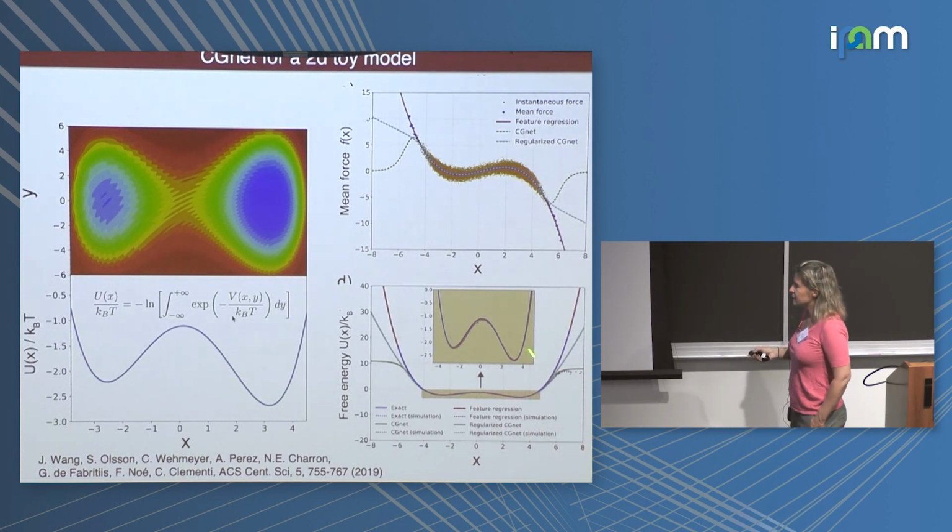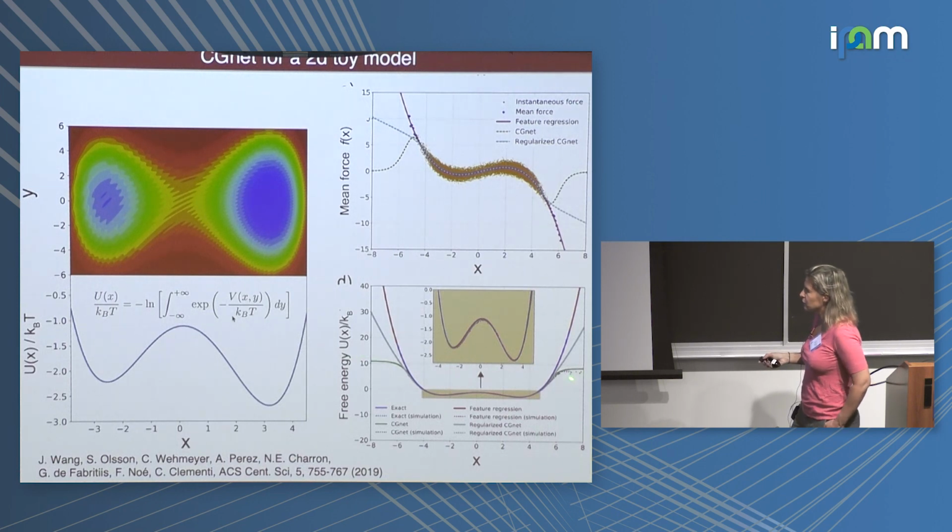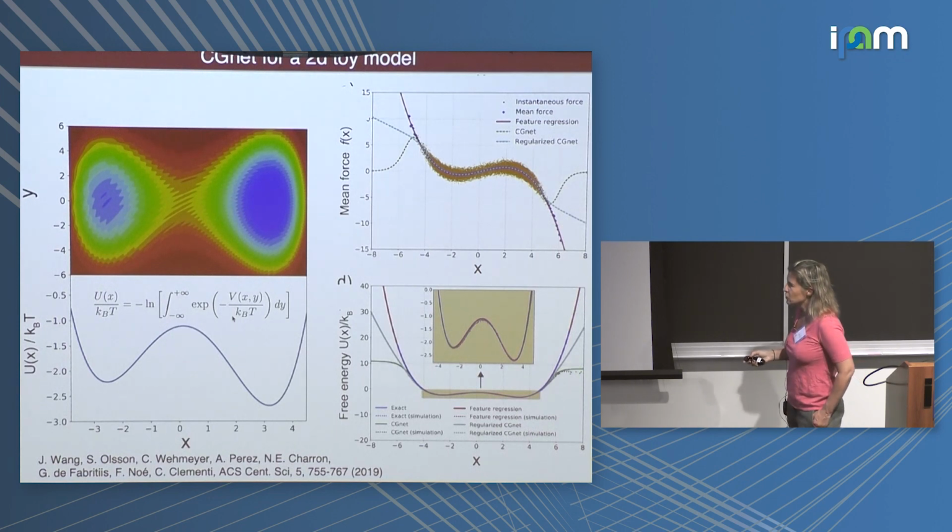And this is for the force; for the potential, it is just the integral of this, and the correct one is the red. If you don't use the regularization, this prior energy, you go to something completely wrong. This depends on the activation function that you use, of course. In this case, I think we use the tangent activation function, and you go to a constant energy if you don't use any regularization.